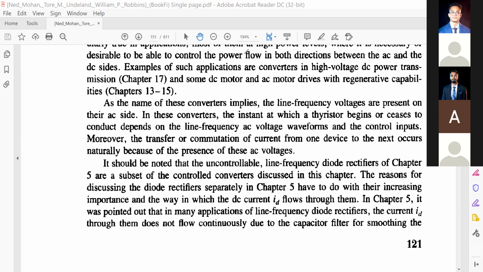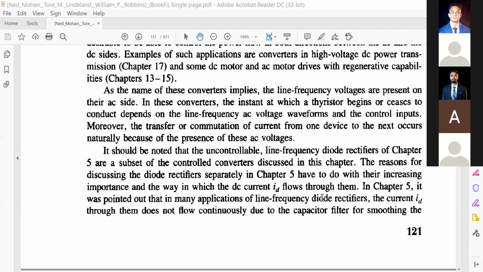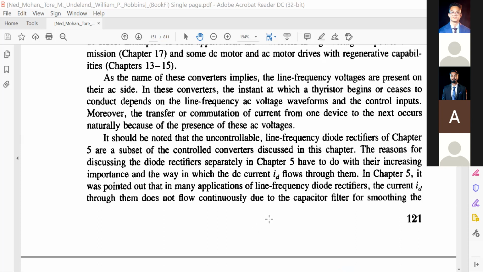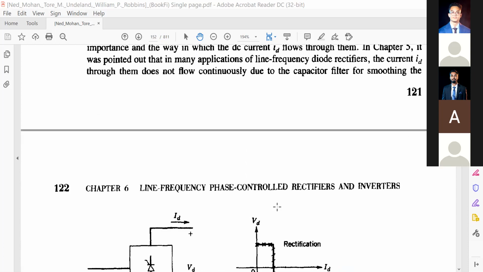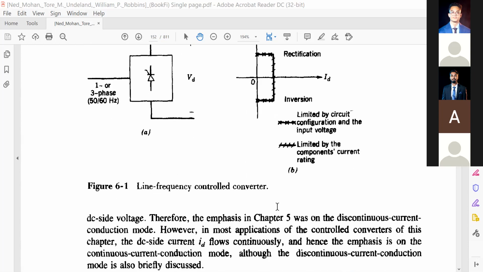The reasons for discussing the diode rectifiers separately have to do with their increasing importance and the way in which the DC current flows through them. In chapter 5, it was pointed out that in many applications of line frequency diode rectifiers, the current ID through them does not flow continuously due to a capacitor filter for smoothing the DC side voltage.